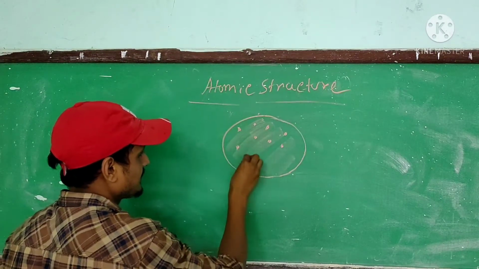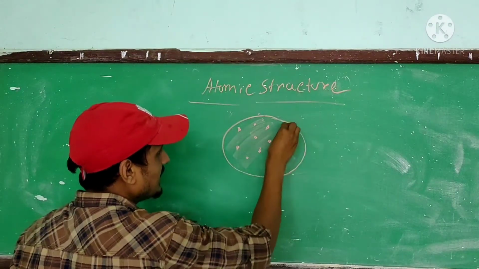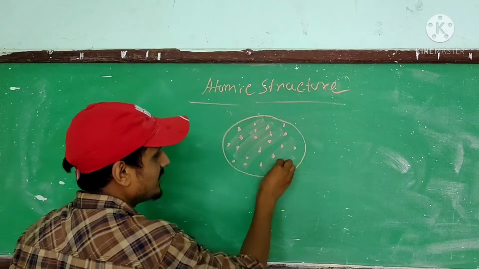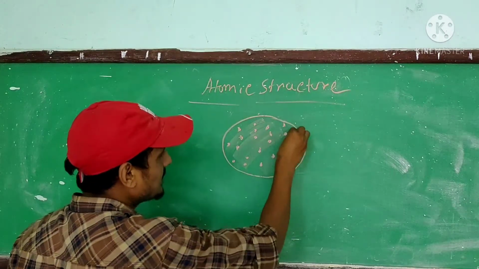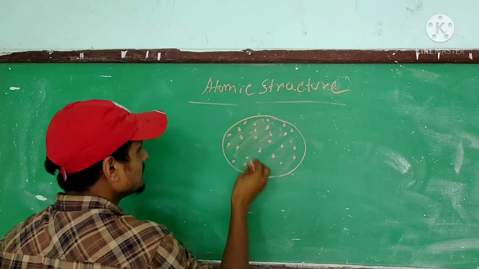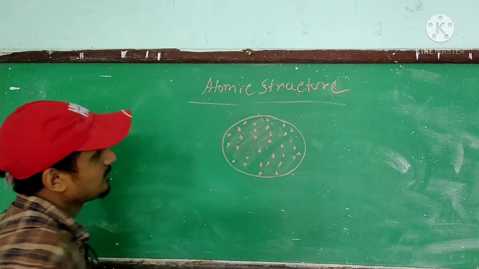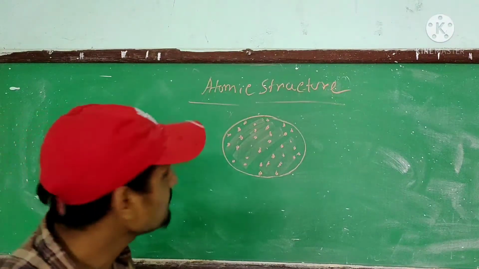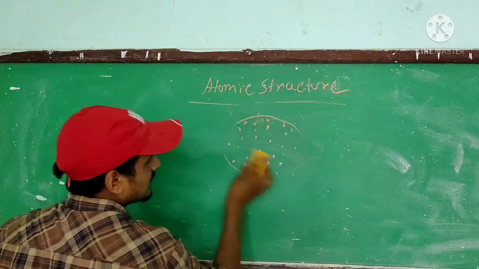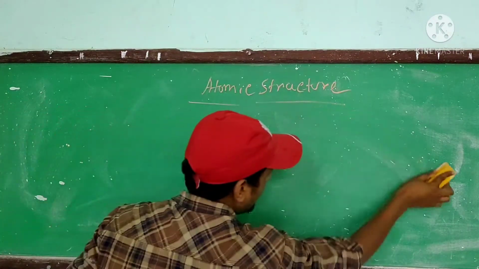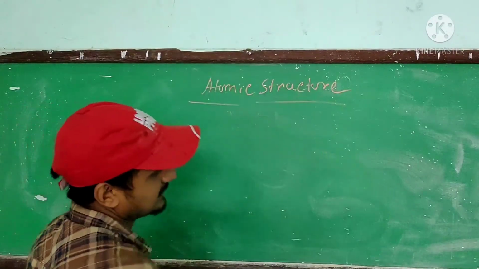But this is not possible, and this will not show the stability of an atom. That's why there was no continuation of this theory. From this model, we come to know only the structure of an atom, how it will look like.